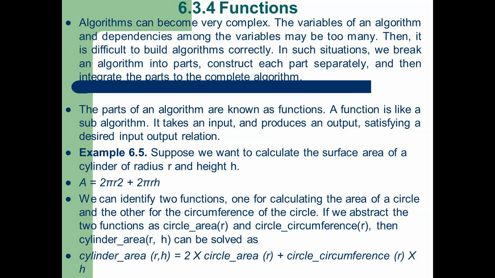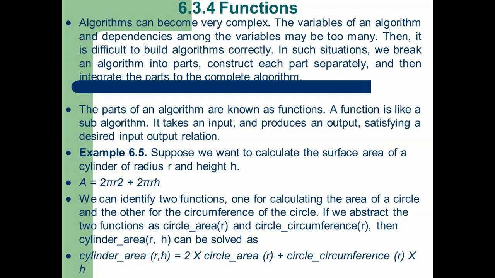For example, suppose you want to calculate the surface area of a cylinder of radius r and height h. What will be the formula? Here you can see A is equal to 2 pi r square plus 2 pi r h. We can identify two functions, one for calculating the area of a circle and the other for the circumference of the circle. If we abstract the two functions as circle area and circle circumference, then the cylinder area can be solved.